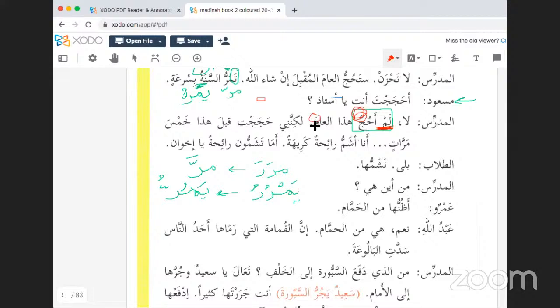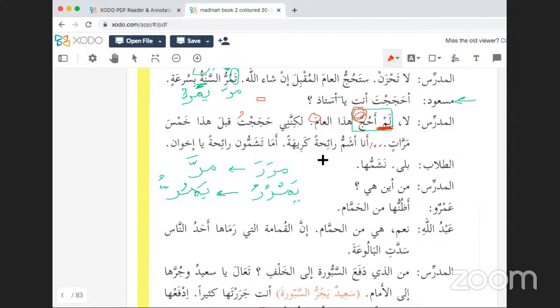This is why the word am, which means year as well, has a fatha on it. But I have performed hajj before this. Five times.